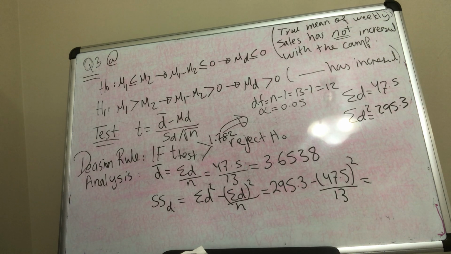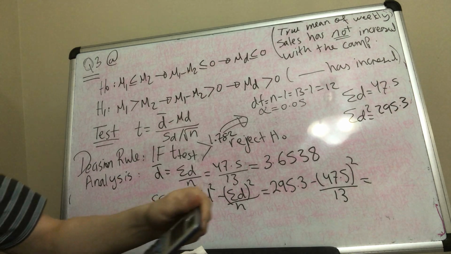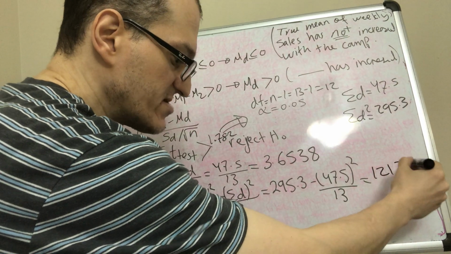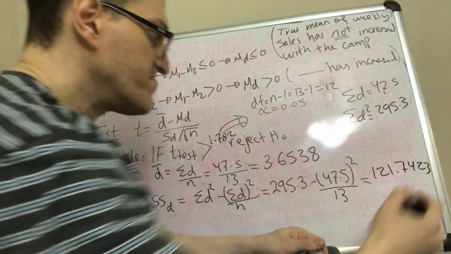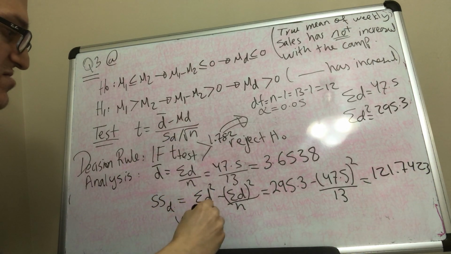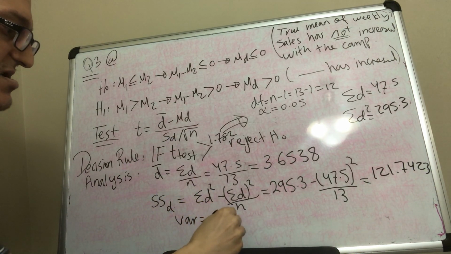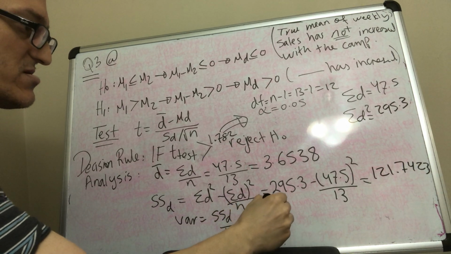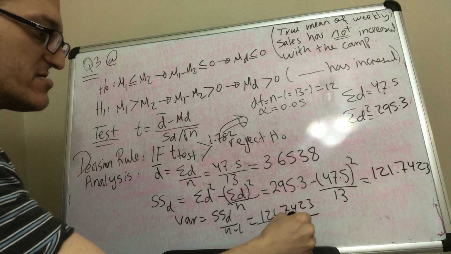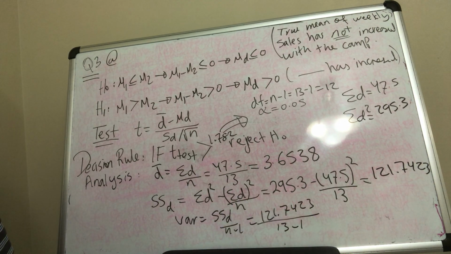295.3 minus 47.5 squared over 13. This number is 121.7423. Variance would be the SSD over n minus 1, so you take this number and you divide it by 13 minus 1, we divide by 12.